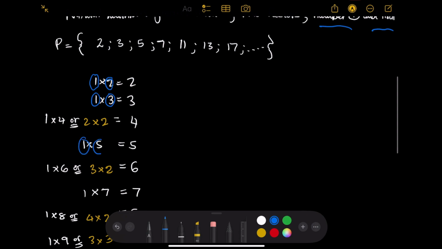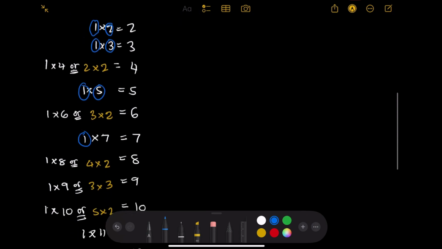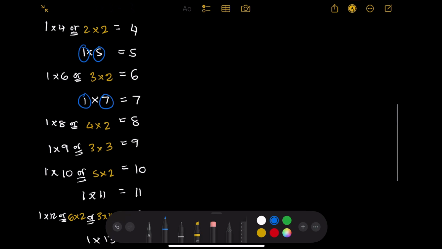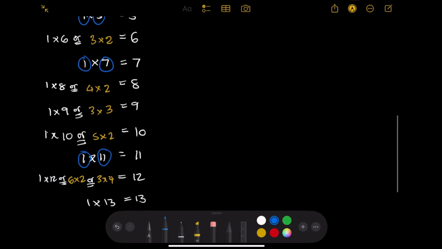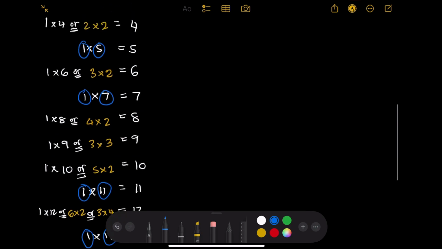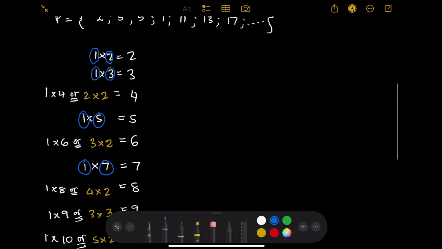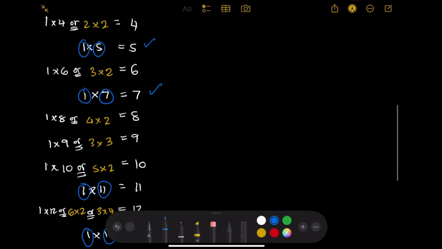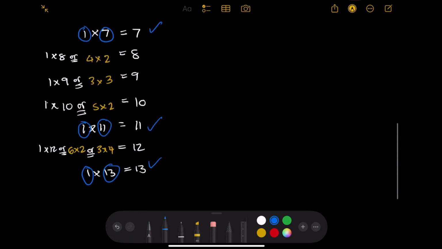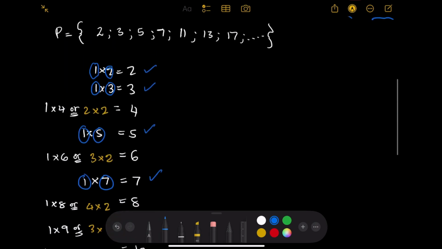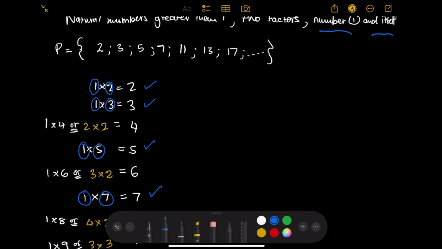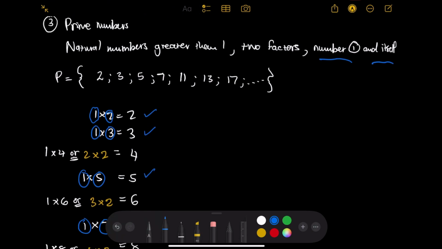Then through this, you can identify all of this, right? And then you will be able to identify which ones are your prime numbers, and you can go on and continue to identify them.